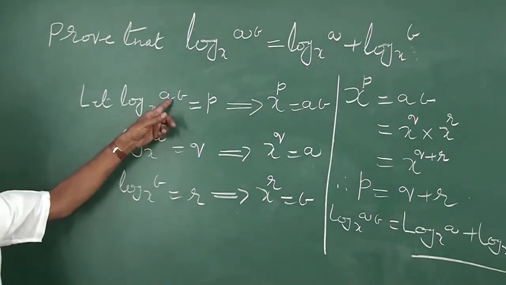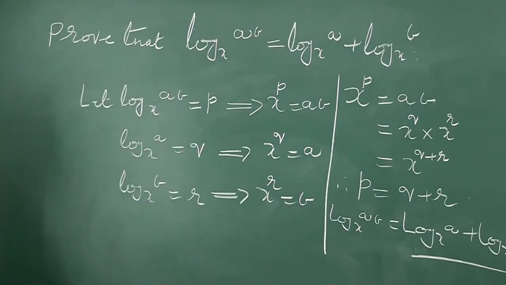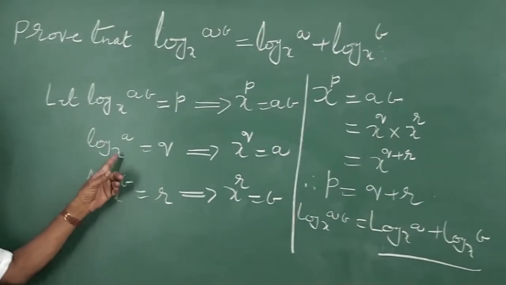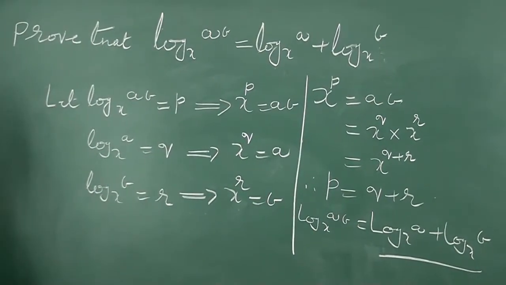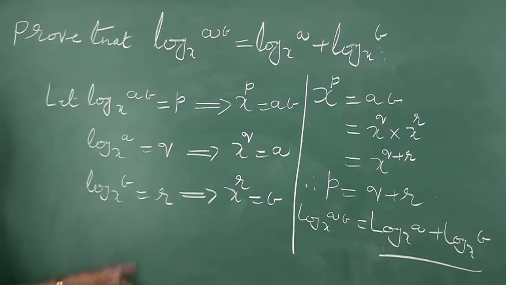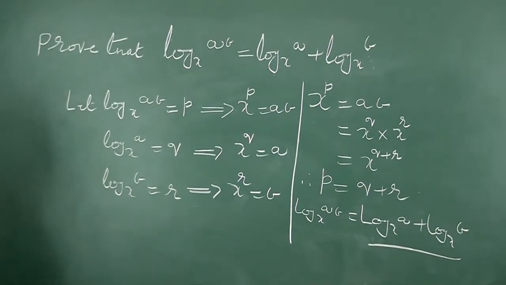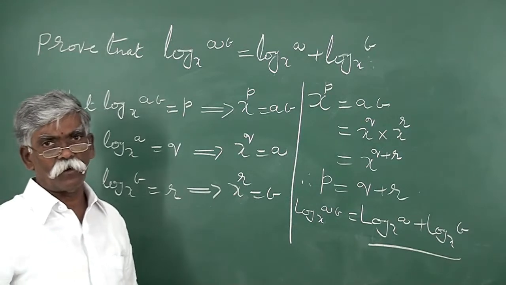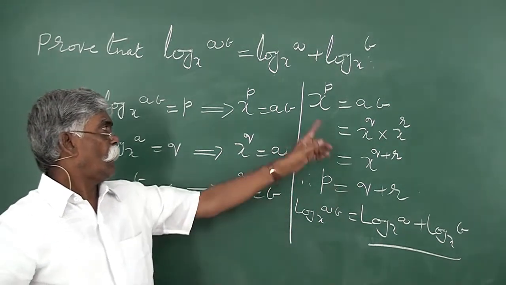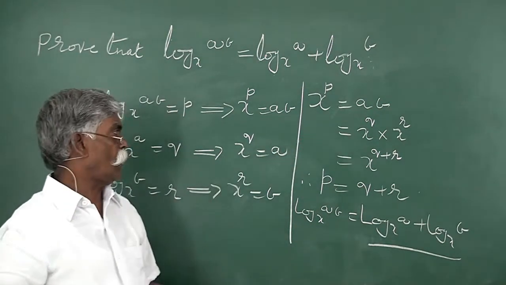Therefore, log AB to the base x is equal to P. This means x power P equal to AB. Log A base x is equal to Q. Therefore, x power Q equal to A. Log B base x equal to R. This implies x power R equal to B. Now, x power P equal to AB.